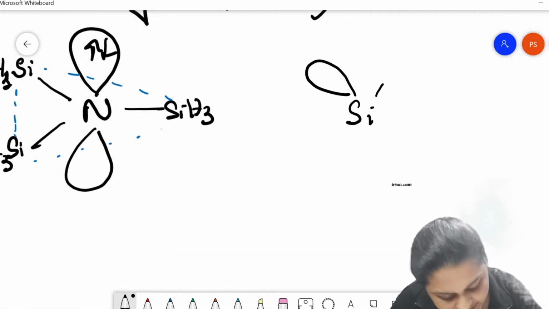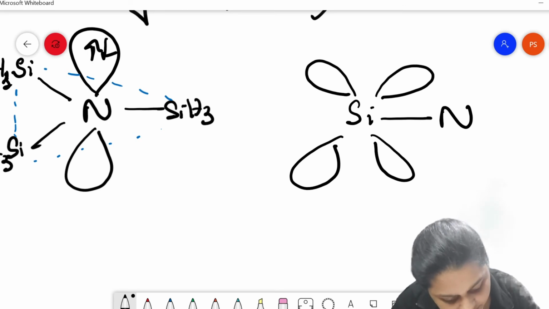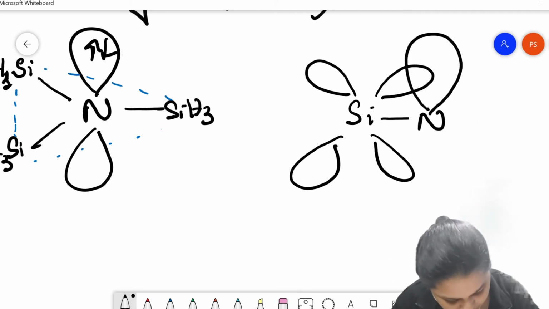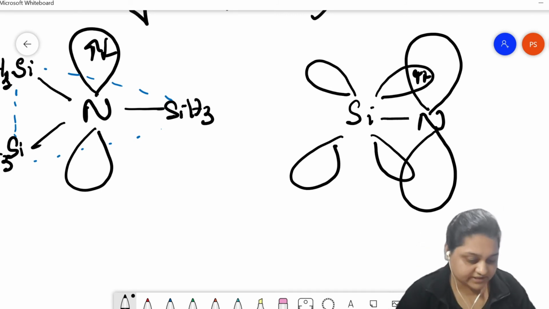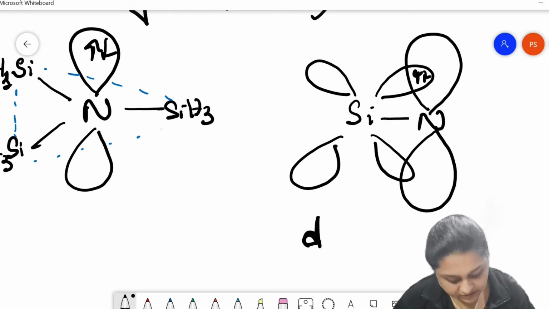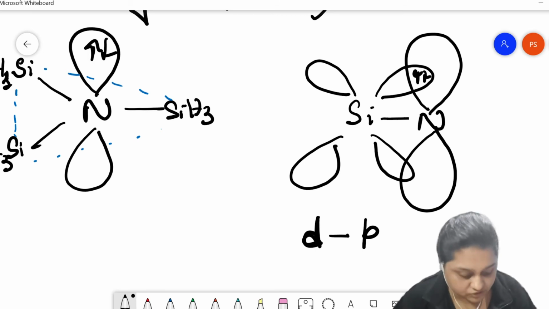Silicon has a vacant d orbital, and during the nitrogen-silicon bond, the p orbital comprising the lone pair of electrons overlaps with the d orbital. This kind of overlapping occurs between the d orbital and the p orbital of nitrogen, and is known as dπ-pπ bonding.